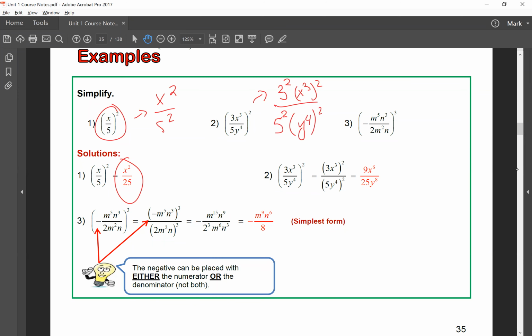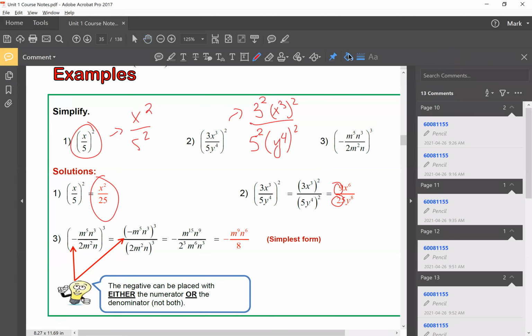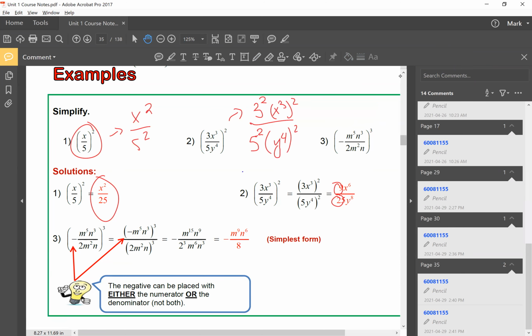So 3 squared is, of course, 9. 5 squared is, of course, 25. And for students who missed yesterday, this is not a reminder, but new information. These exponents get multiplied. So 3 times 2 is 6, 4 times 2 is 8, and that's where we get that answer on the bottom.